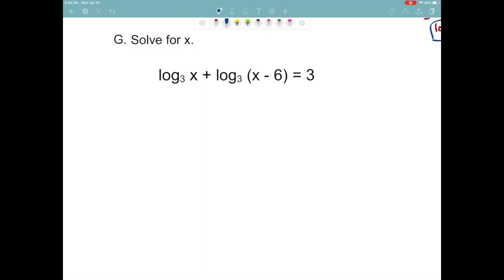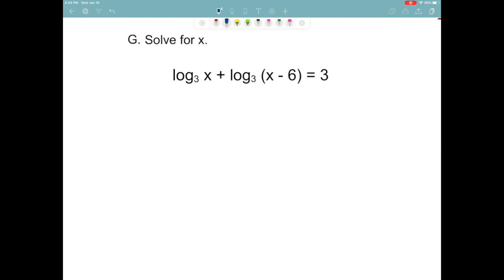So log base 3 of x plus log base 3 of the quantity x minus 6 equals 3. When we rewrite it, we have log base 3 of x squared minus 6x that equals 3. So remember, we've got one log on one side, so this means we need to convert to exponential form. So we've got here 3 to the third power equals x squared minus 6x.